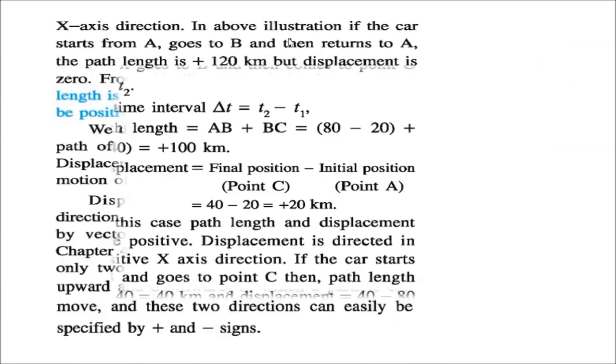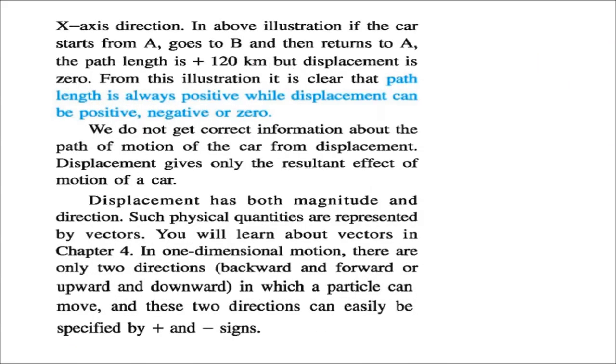So displacement of car is in x direction, and in the example we have seen the car starts from A, goes to B, returns to A. The total path length was actually 120, but the displacement is just 0, because if you say it starts from here and comes back to this point, then the total distance will be 120, because this is 60 and again this is 60, so 60 plus 60 is 120.